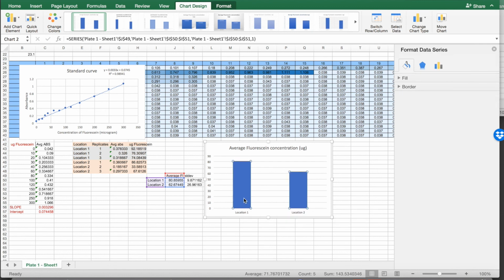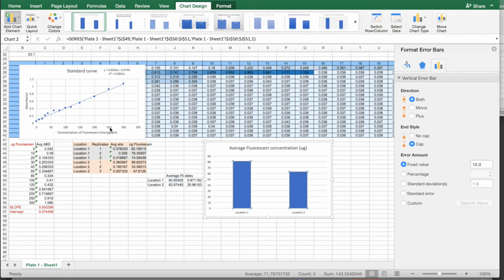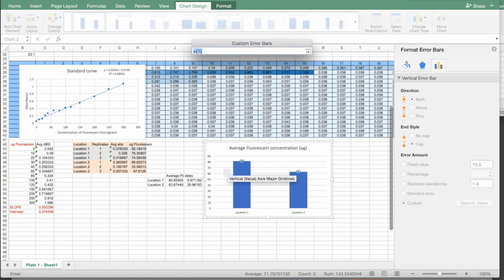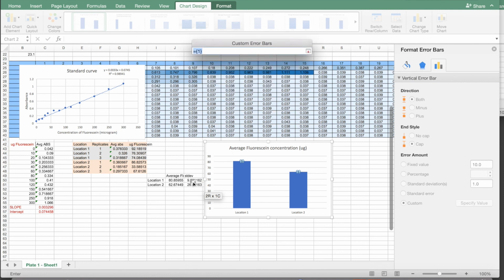All right, so let's add the standard error here. So we go under add chart element, error bars, more error bars options, custom, specify values. Let's do the upper value first and the lower value first. It's the same value, but the error bars go positive and negative just to show the dispersion distribution.